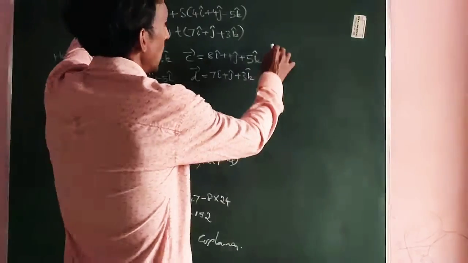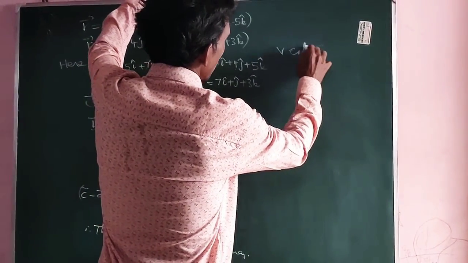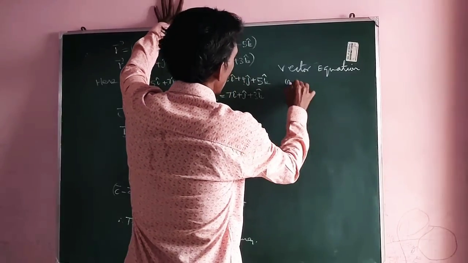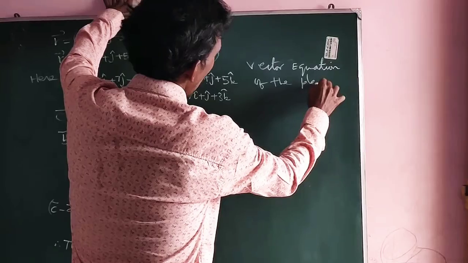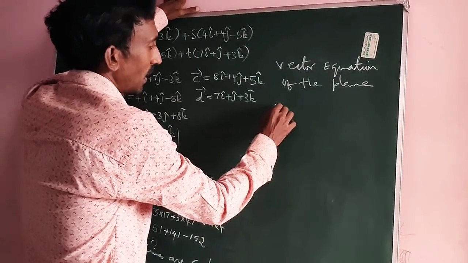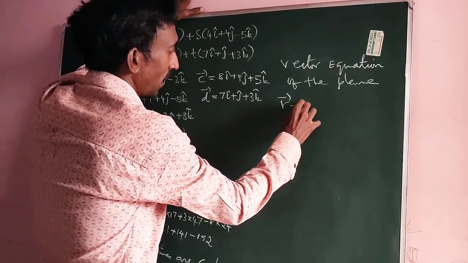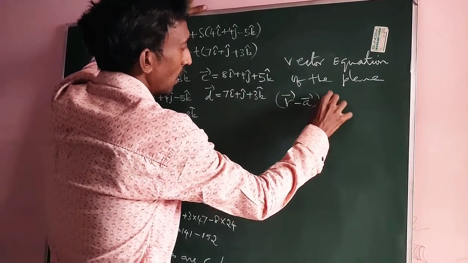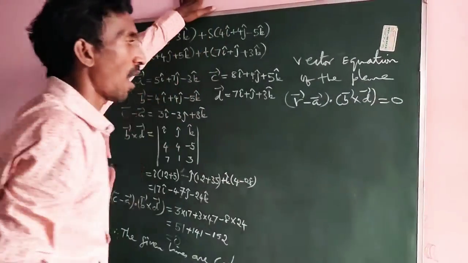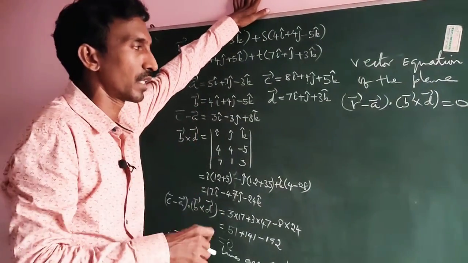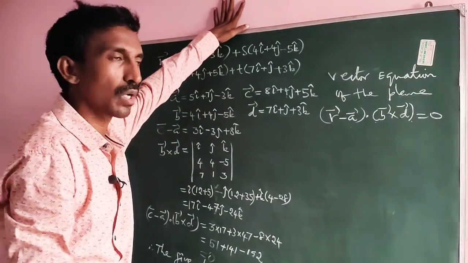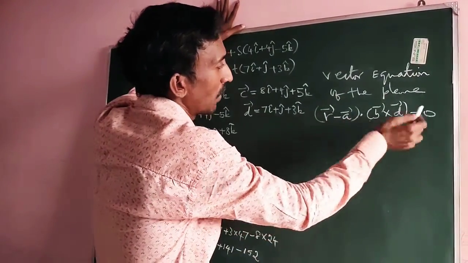Next, our aim is to find the vector equation of the plane which contains these two lines. That is either r minus a dot b cross d equal to 0, or r minus c dot b cross d equal to 0.